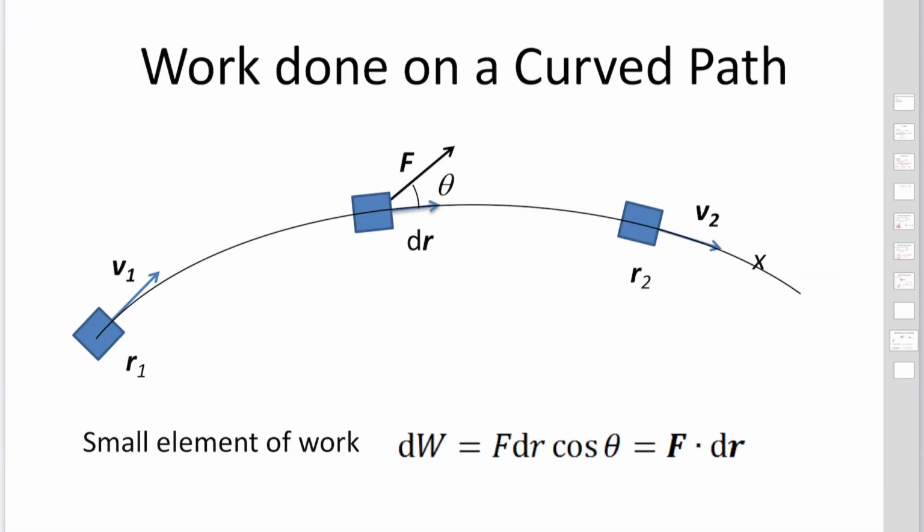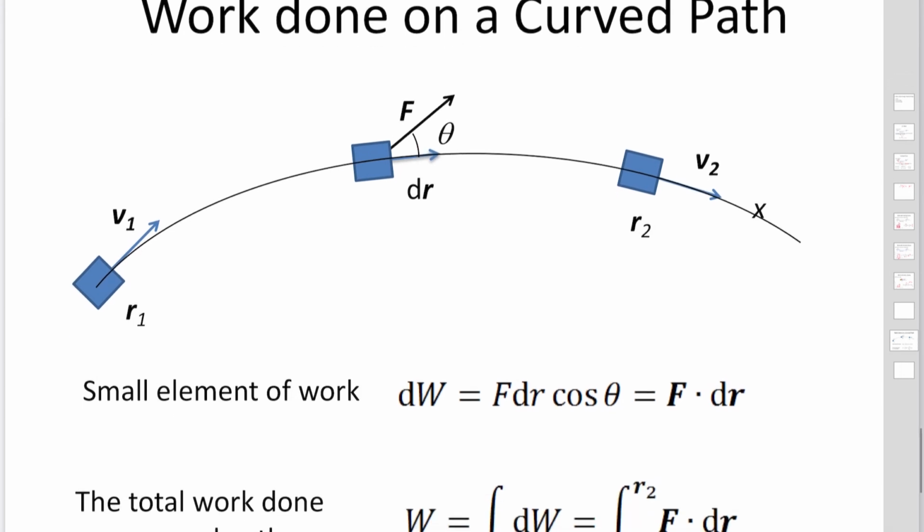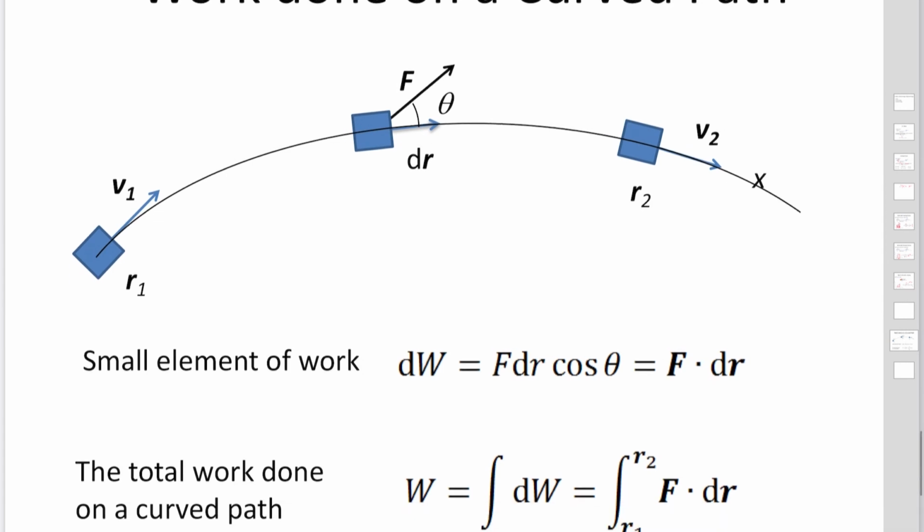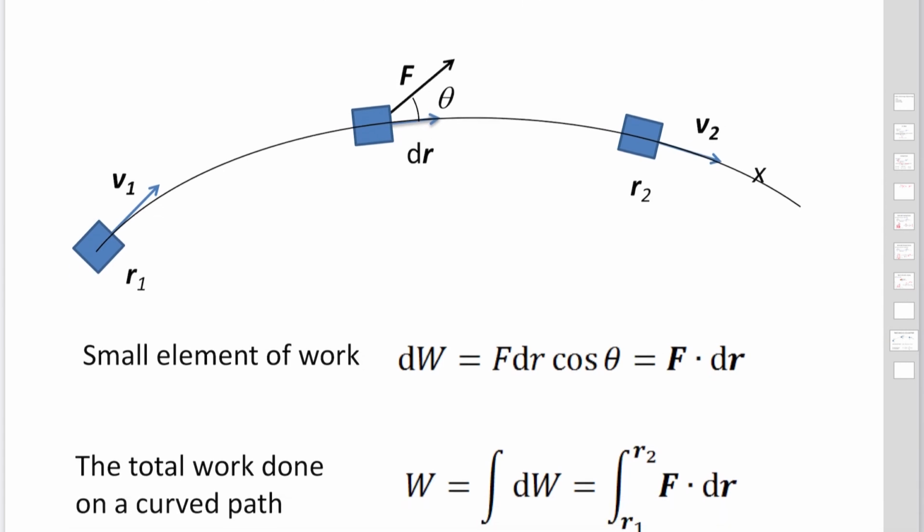Sometimes an object is moving on a curved path. We would also like to define the work done on a curved path. The direction of the force is changing, and the displacement vector is also changing with position. Then we have to take a small change dr on the curved path, apply the force, and take the scalar product F dot dr. This is the amount of work done on the object by the applied force.